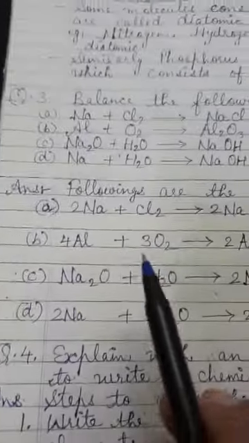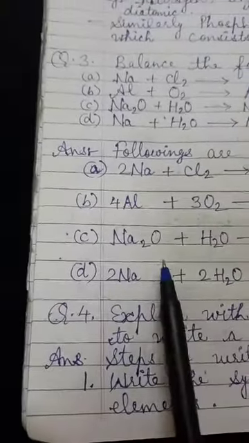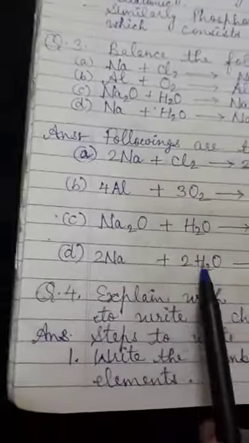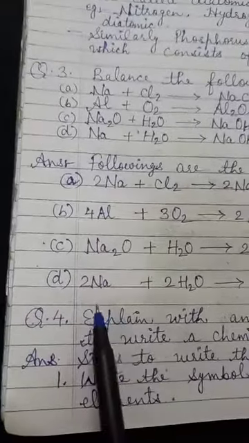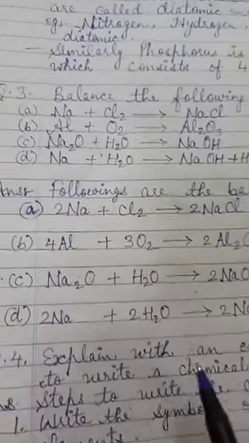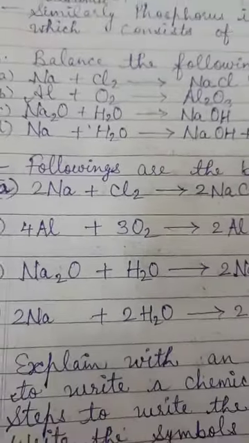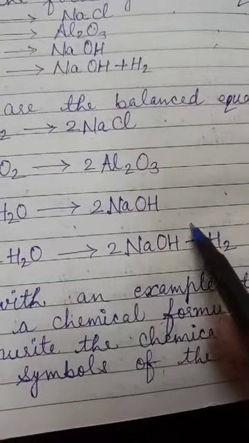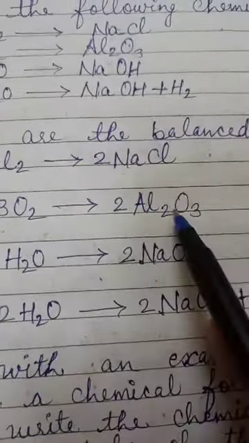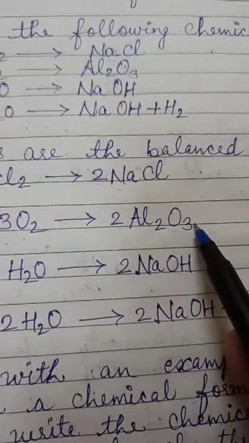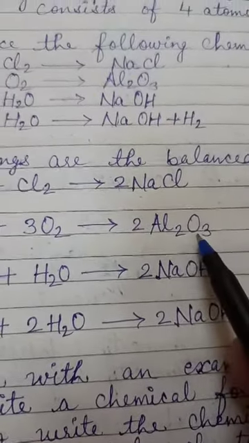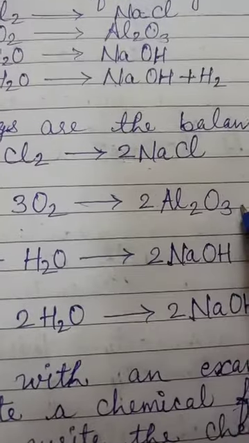You know children, these are the chemical reactions. You can see here also that when we write any chemical formula, suppose NaOH when we want to write, or Al2O3 when we want to write, then how can we write? First we write symbols of these.